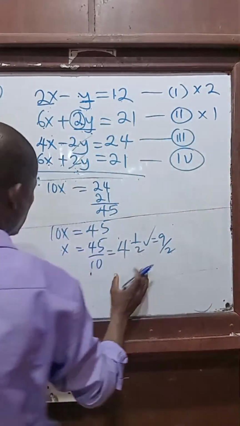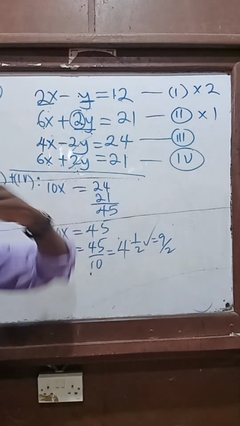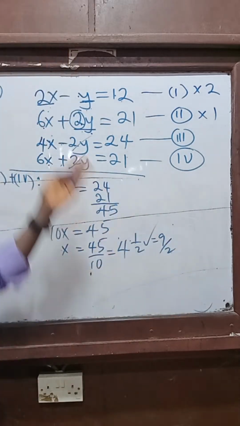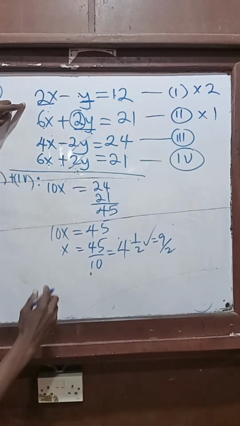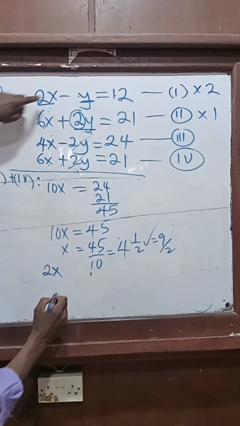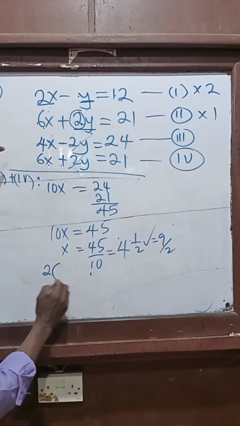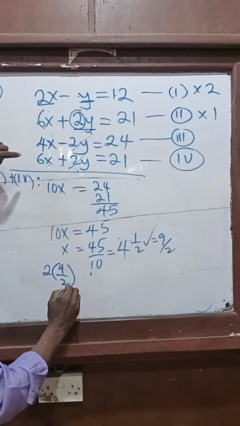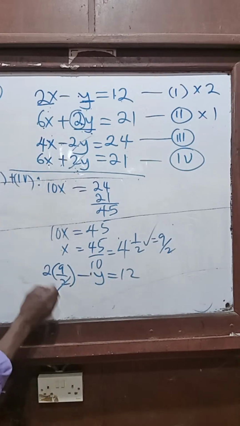Then the next thing to do is to go to either equation 1 or 2 and plug in the value you've gotten here. So let's use the first equation, 2x minus y. That will be 2 times 9 over 2 minus y equal to 12. So the 2s cancel.